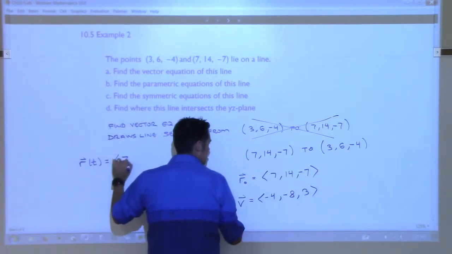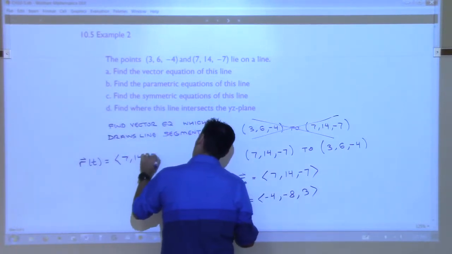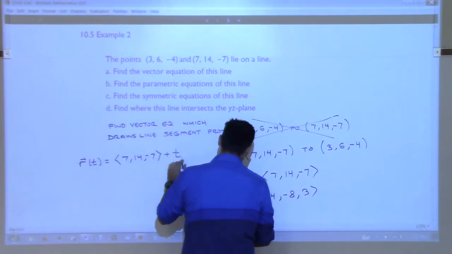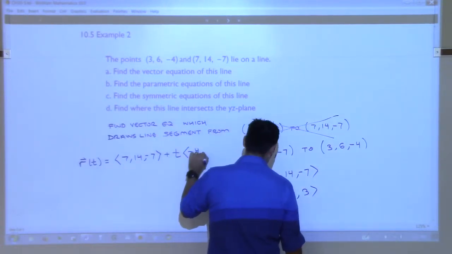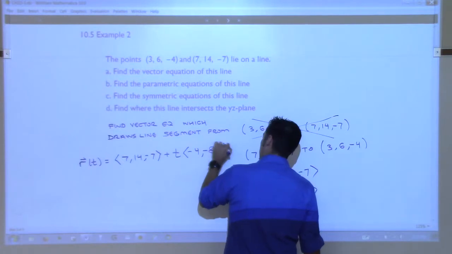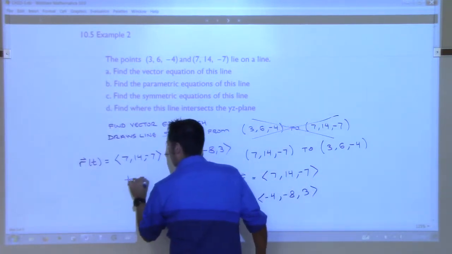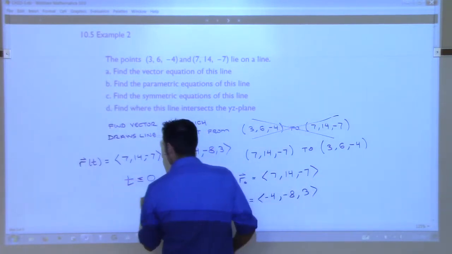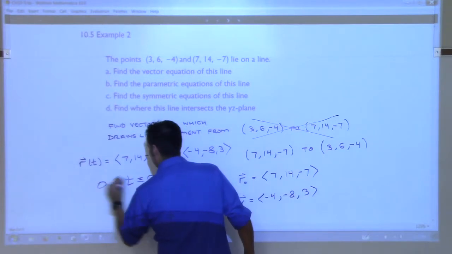So 7, 14, negative 7 plus t times negative 4, negative 8, 3. And then t is between, nope, that's not right, 0 and 1.